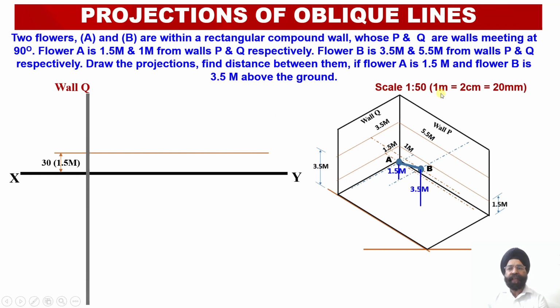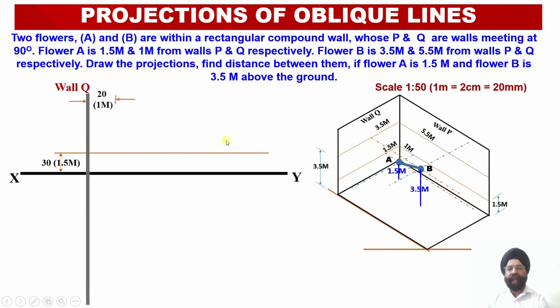So 1 meter we are going to draw as 20 millimeter. Here we have got a height of 1.5 meters, so this 1.5 meter will be represented in the orthographic projections as 30 millimeter. Now this is the height of the flower A above the ground.